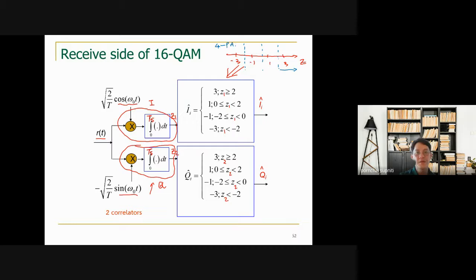Between minus 3 and minus 1, you have minus 2. Between minus 1 and 1, you have 0. Between 1 and 3, you have 2.